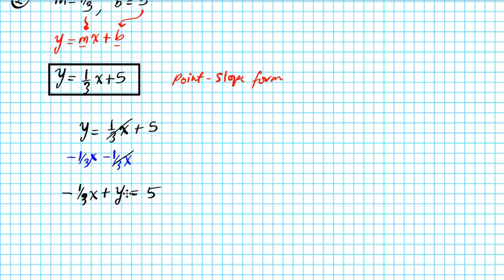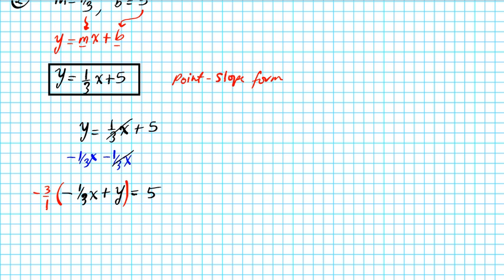Now I need to have integers as coefficients, so I need to get rid of 1/3. So to get rid of negative 1/3, I'll multiply by the reciprocal of negative 1/3. So what I'm going to do is multiply both sides of my equation by the reciprocal of negative 1/3, which is negative 3/1.